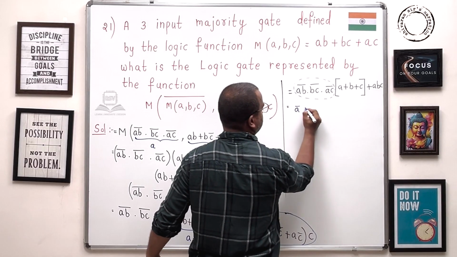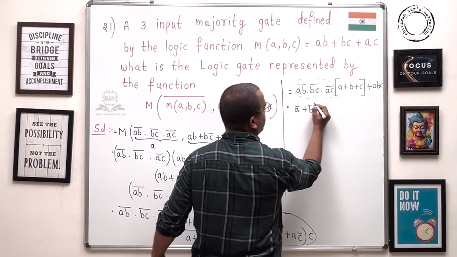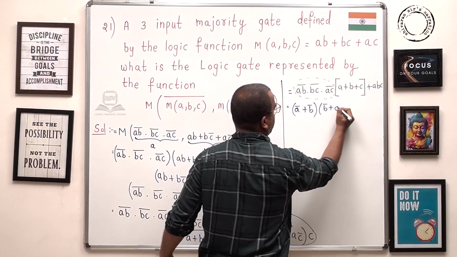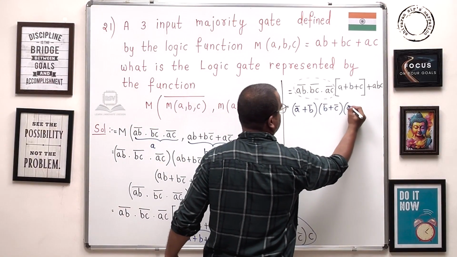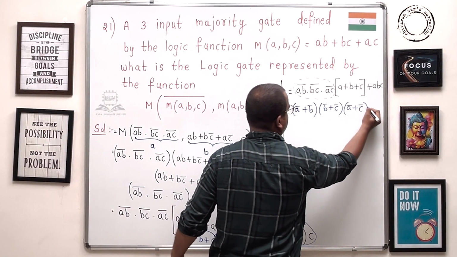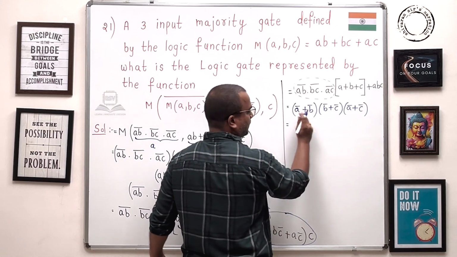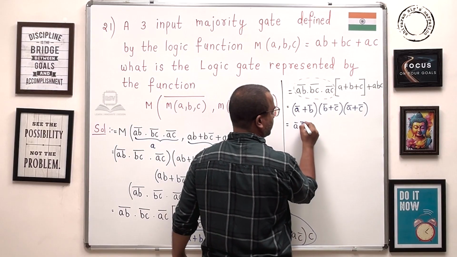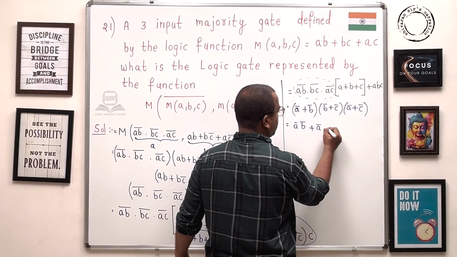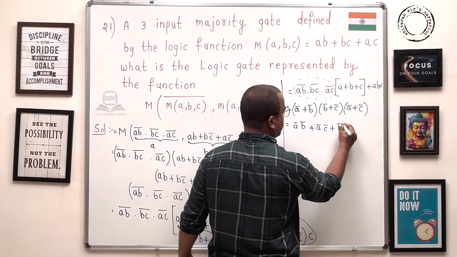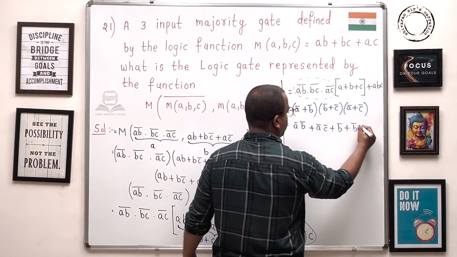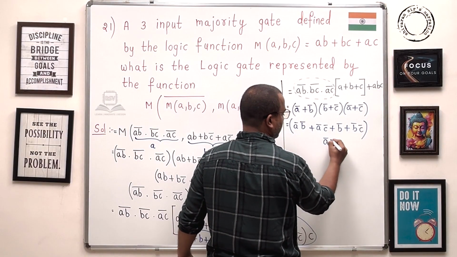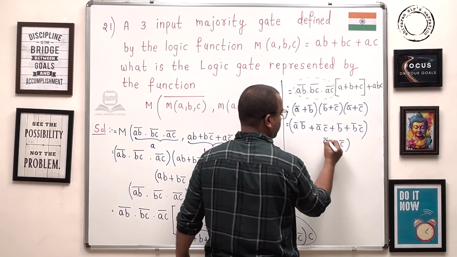Okay guys, again here we can simplify this term as well, that is (A bar plus B bar), (B bar plus C bar), (A bar plus C bar), isn't it? Yes. And when you simplify this, what do you get? A bar B bar, A bar C bar, B bar, B bar C bar. Again this as it is, A bar plus C bar.